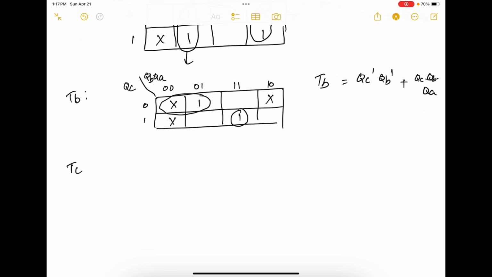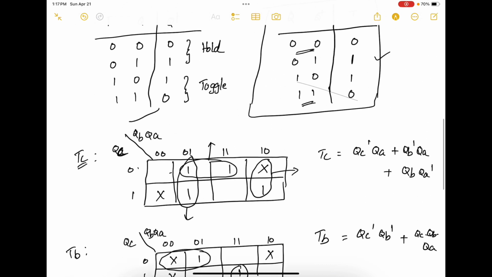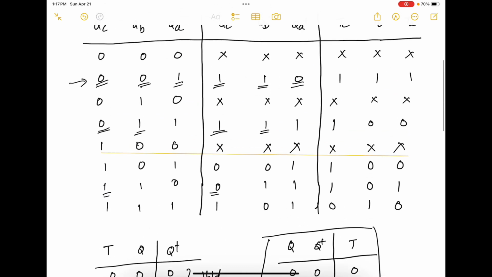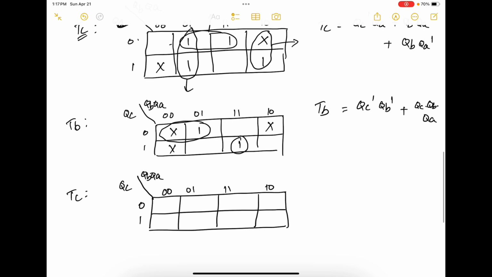We can also construct the K-map for TA. QC, QB, QA, 0, 0, 0, 1, 1, 1, 1, 0. So TC is asserted, or TA actually. This should be TA.